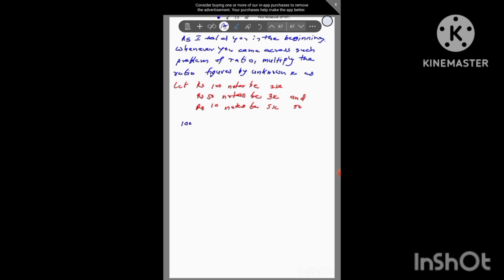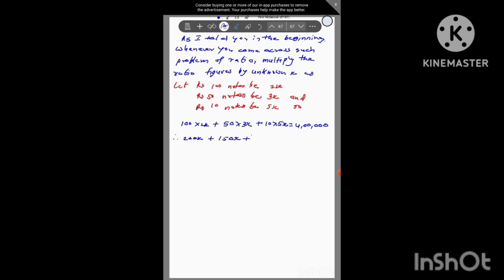So that will be in the ratio 2 is to 3 is to 5. Now the value of 100 rupees notes will be 2x into 100. Very simple. Then 50 rupees will be 3x into 50, and 10 rupees as given here. Okay, and the total value is 4 lakh.